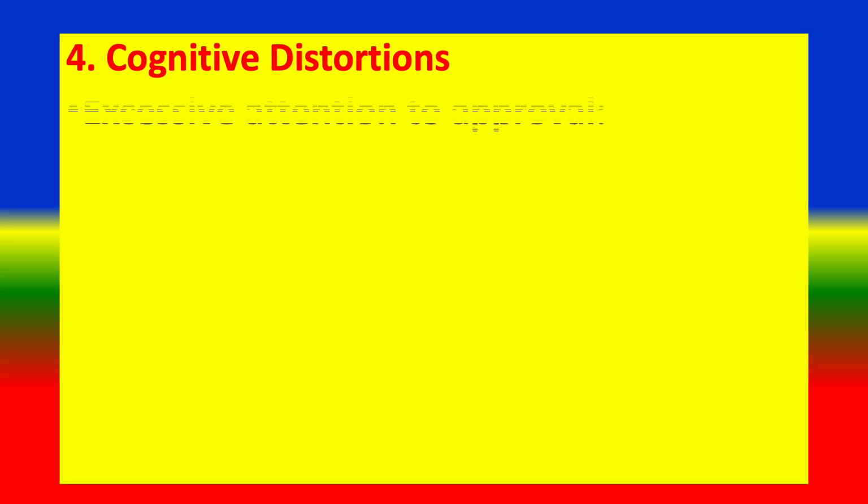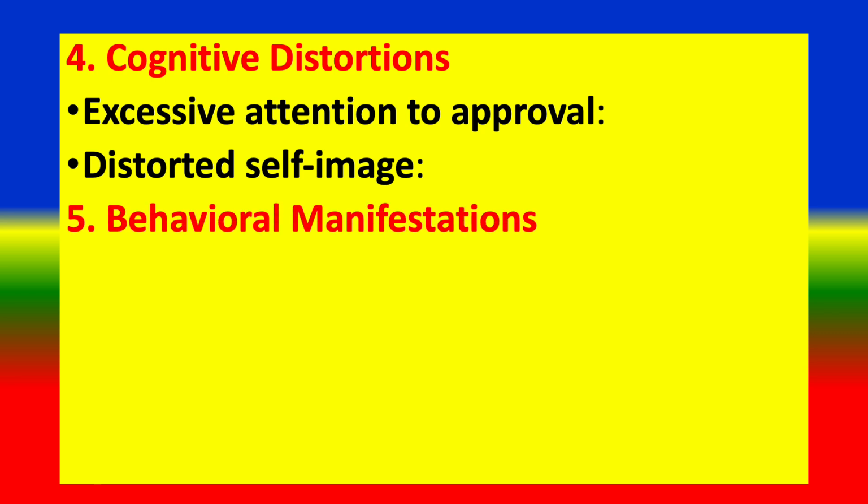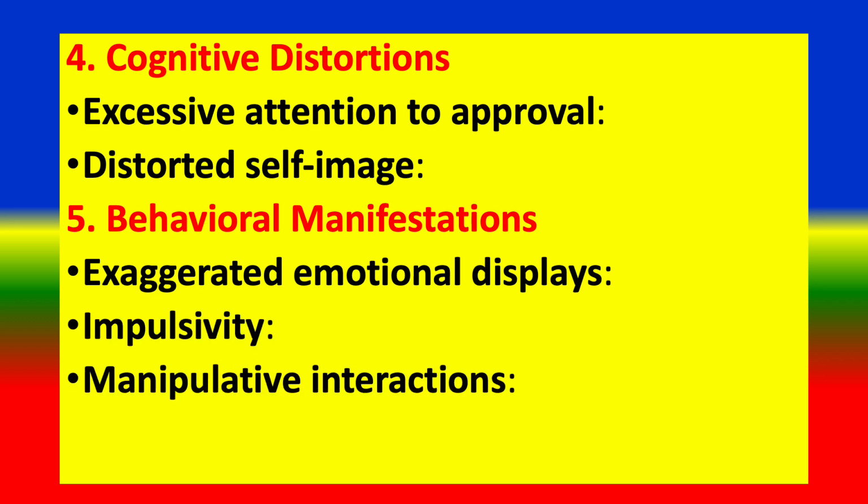Four, cognitive distortions, excessive attention to approval, distorted self-image. Five, behavioral manifestations, exaggerated emotional displays, impulsivity, manipulative interactions.